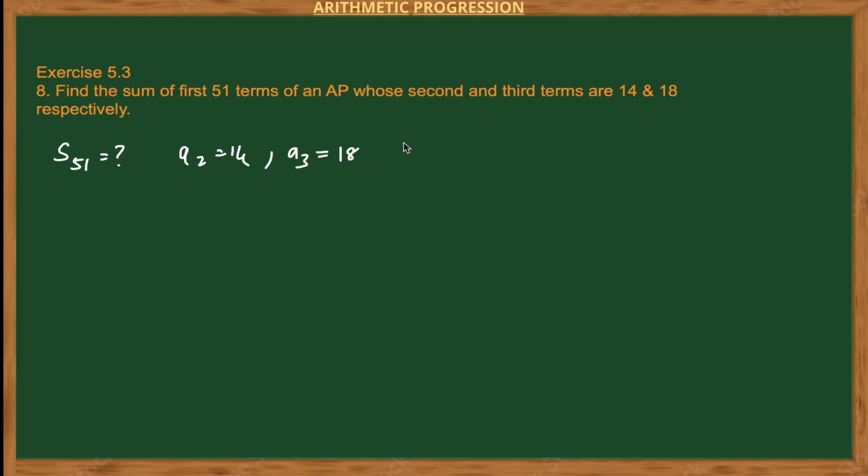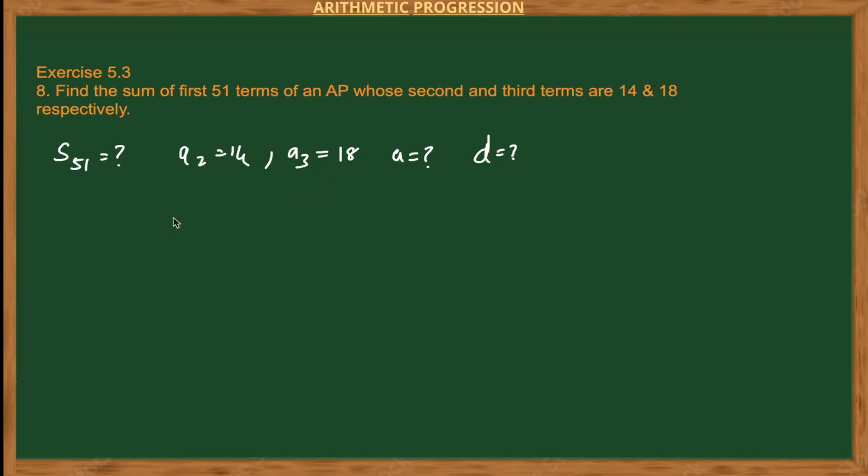Okay, so do we have a? No, we don't have it. We need to find a here, because to find the sum formula we need a. And do we have d? d is not given. But the terms have been given, so second and third terms are given, so by finding the difference we can find d.